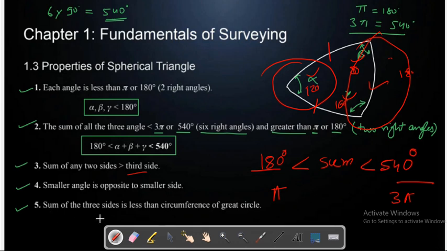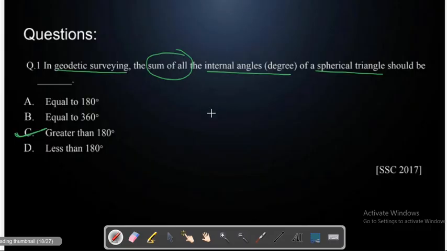Another property is that the sum of the three sides is less than the circumference of a great circle. In a spheroid or spherical shape, the circumference of the great circle will be more than the sum of the three sides. These are some properties of spherical triangles.